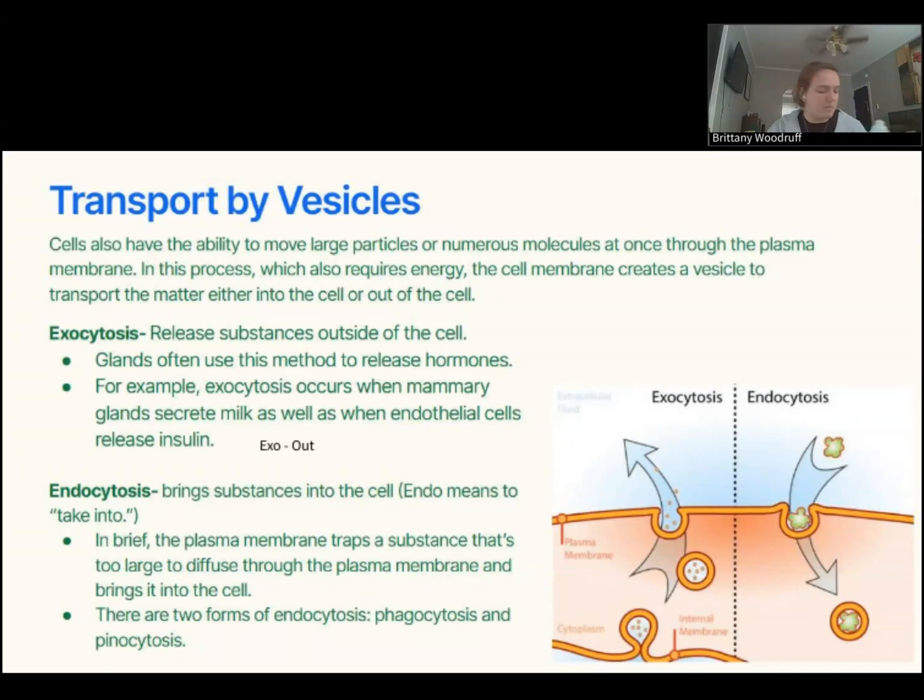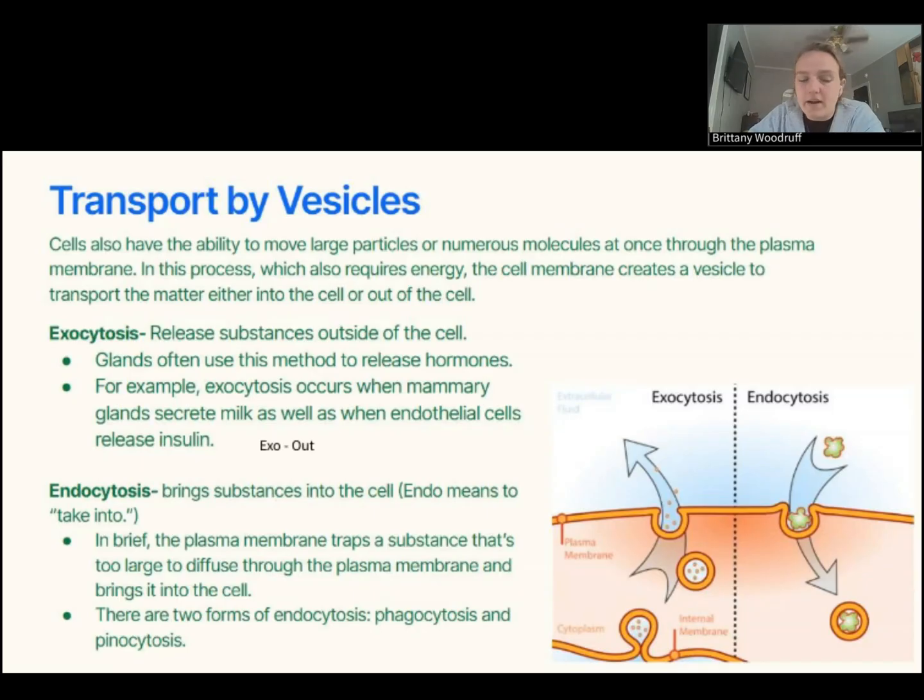Mammary glands make this little package, put the milk into it, and the package merges with the plasma membrane and pushes the milk outside of the cell. So exocytosis releases substances out of the cell.